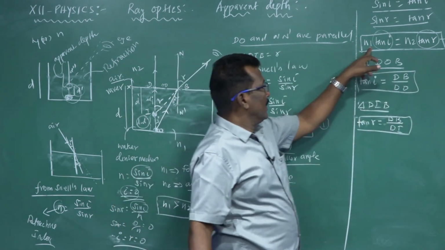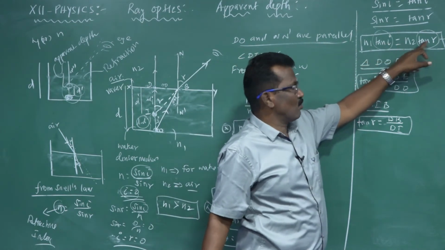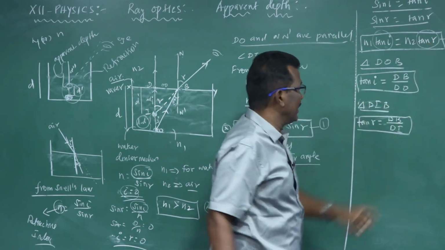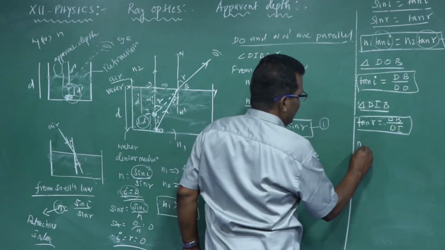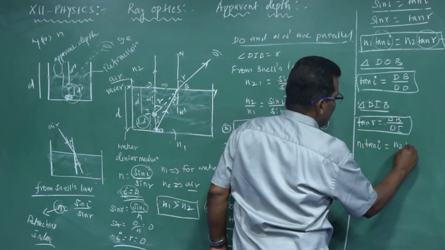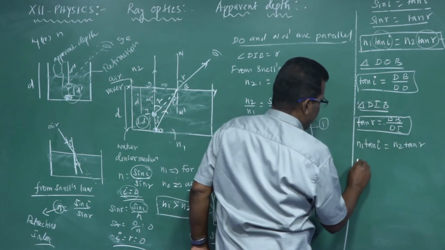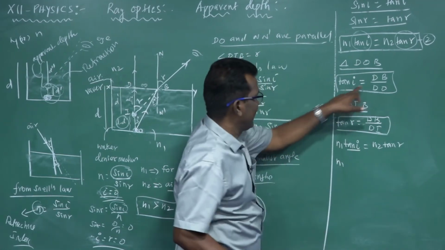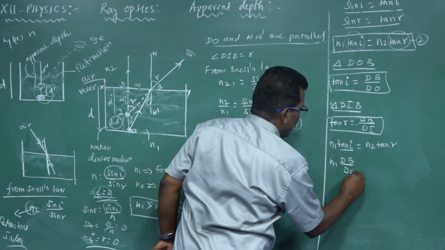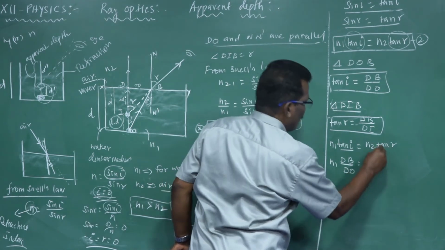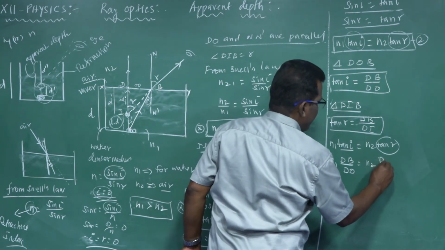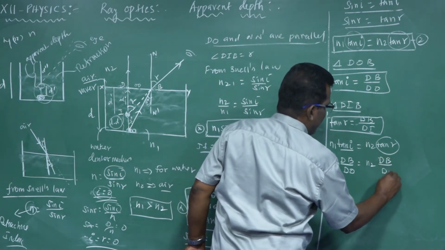Substitute into N1 tan I is equal to N2 tan R. Tan I is calculated, tan R is also calculated. Now substitute: N1 times DB by DO is equal to N2 times DB by DI.